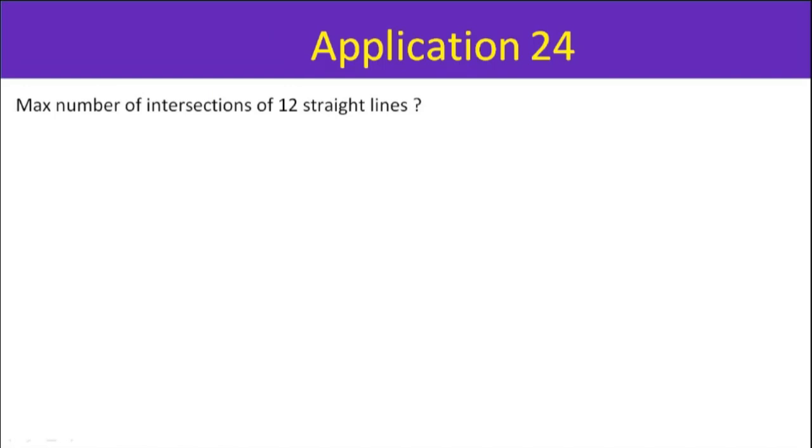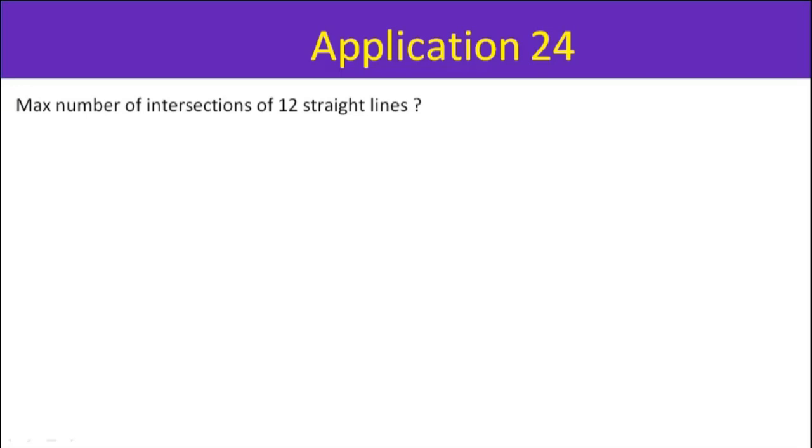Whenever there is any question on the maximum number of intersection points, whatever the figure is, whether it's a line or a circle or a square or a quadrilateral or a pentagon, this is the same method that would be applicable.